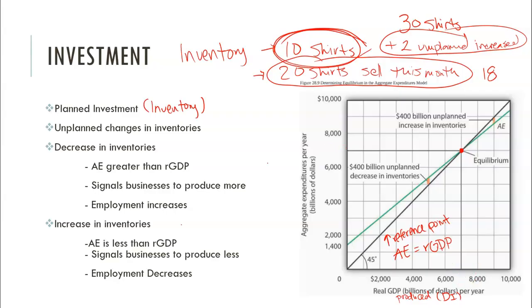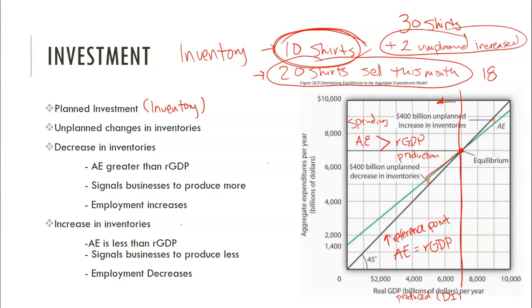If we're at other points, let's just draw this vertical line here at our equilibrium. Everything over here on the left-hand side is going to be points where our aggregate expenditures are greater than our real GDP. So spending is higher than production.